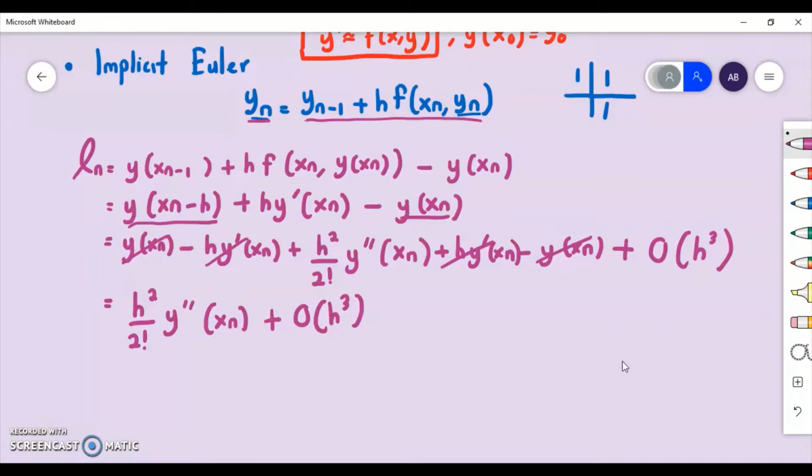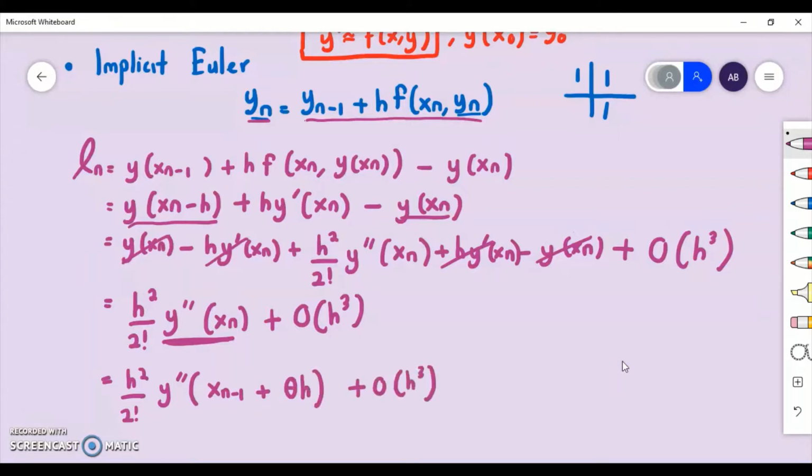To go into more detail, such as convergence, if you look at this term, I can write it as h squared over 2 factorial y double prime at xn minus 1 plus theta h.